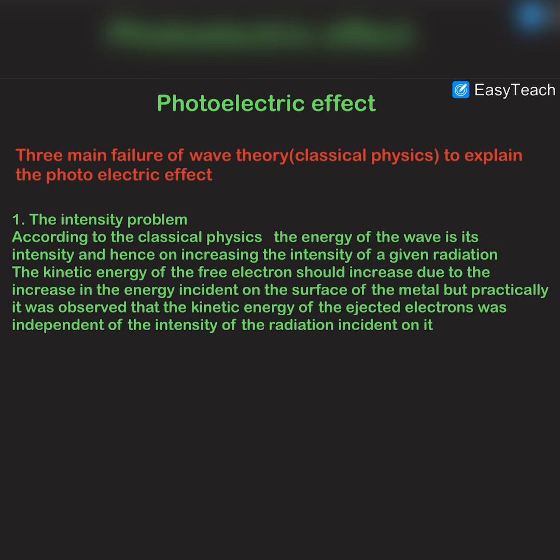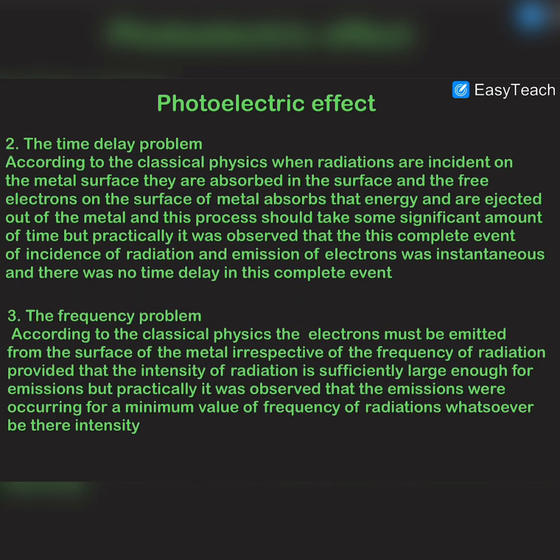So this practical observation did not match the theoretical explanation of the photoelectric effect according to classical physics. Hence, this was the first failure of classical physics to explain the photoelectric effect. Now, there were many failures, but we are pointing out just the three main ones.